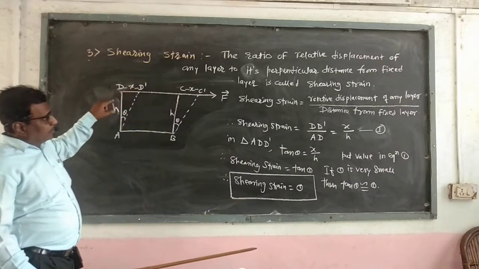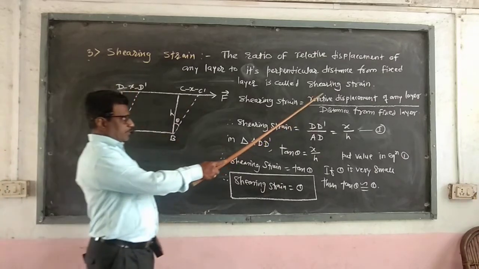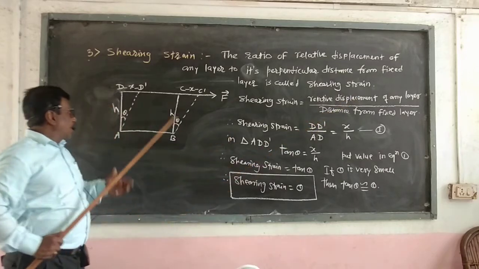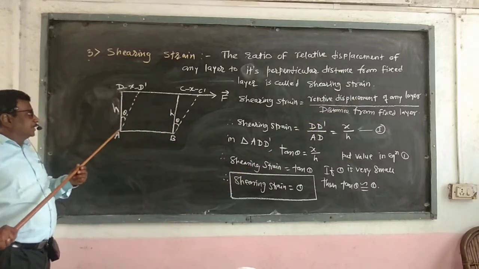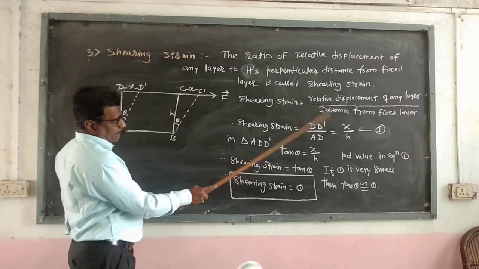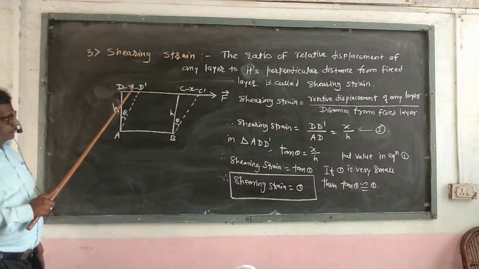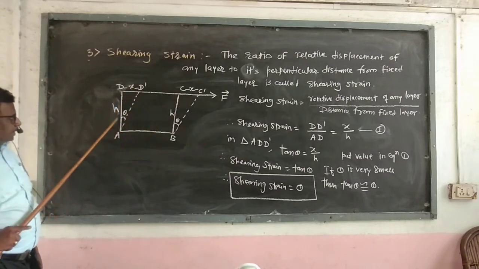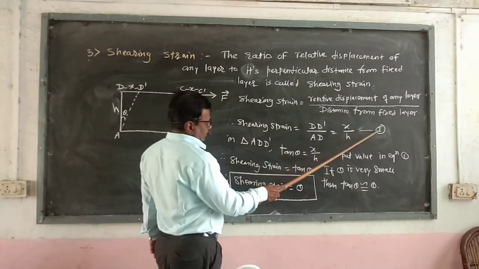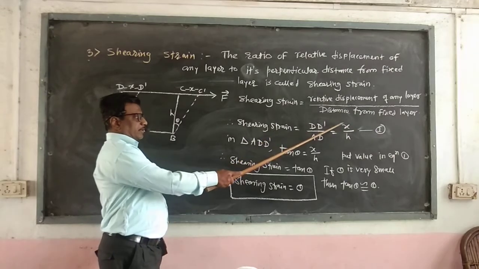In that, the relative displacement is equal to DD dash, divided by the distance from the fixed layer, which is AD in the figure. DD dash is represented by the letter X, and AD is represented by the letter H. Call this equation number 1. We get the formula: shearing strain is equal to X upon H.